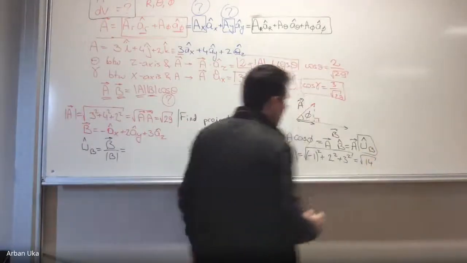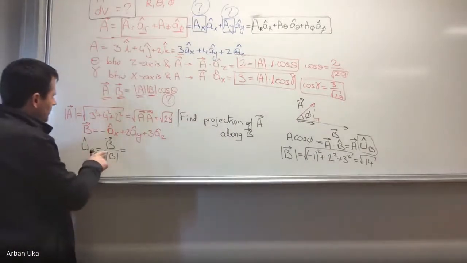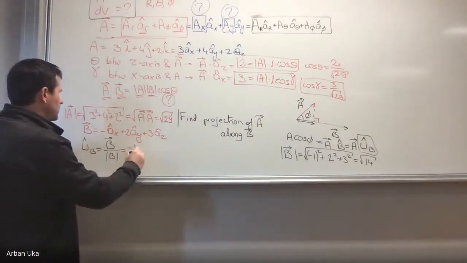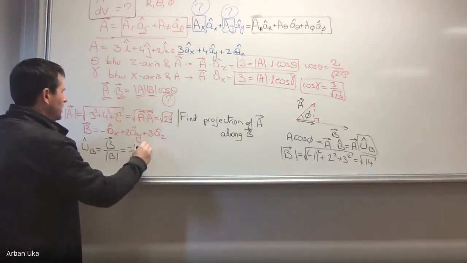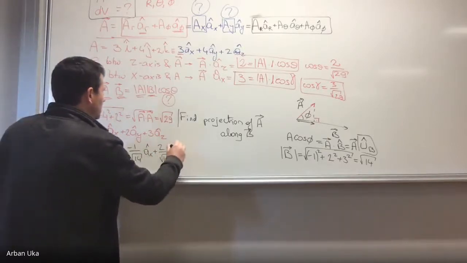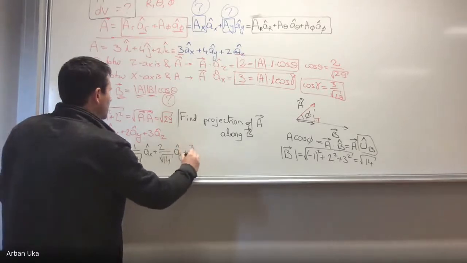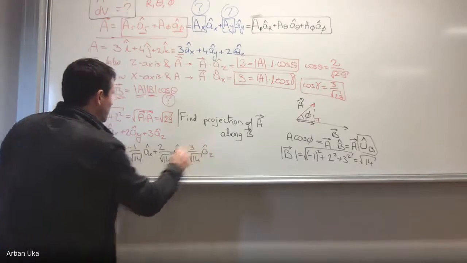So this is the magnitude of vector B, and then a unit vector along B is going to be equal to -1 over square root of 14 AX plus 2 over square root of 14 AY plus 3 over square root of 14 AZ.